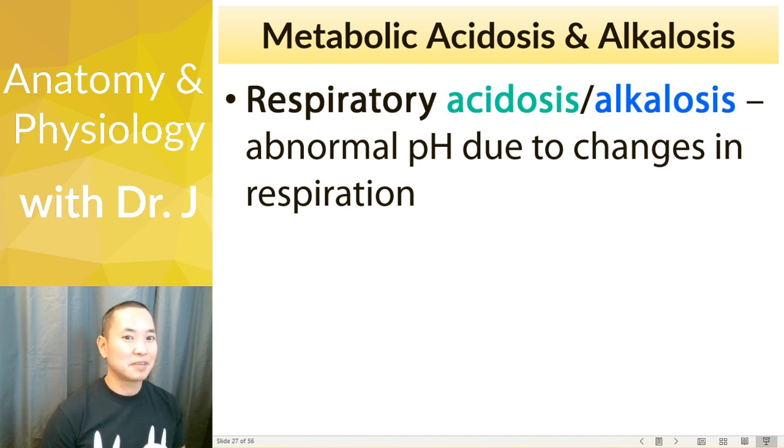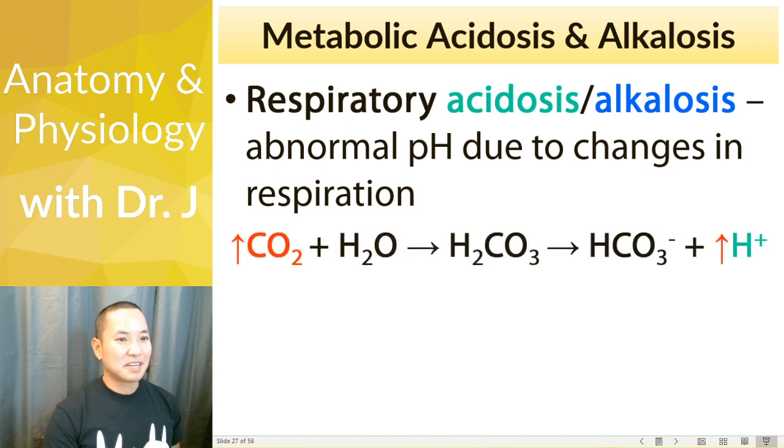Remember the bicarbonate buffer system? What happens? Carbon dioxide plus water forms carbonic acid, and that generates bicarbonate ion and protons. And remember that this is actually a two-way equation. Remember Le Chatelier's principle? It can go both ways, but chemical equilibrium plays a factor.